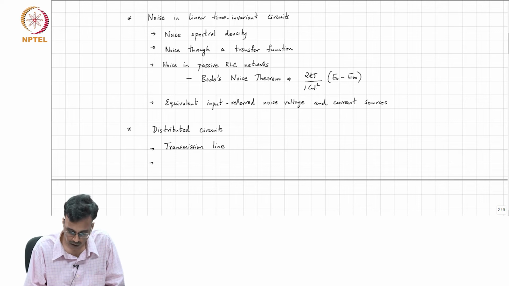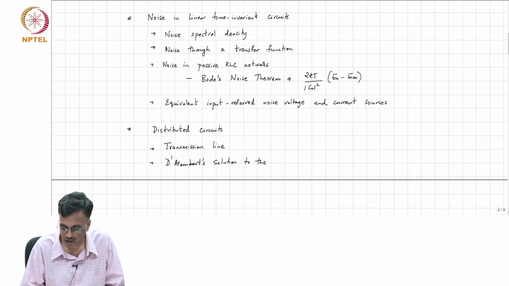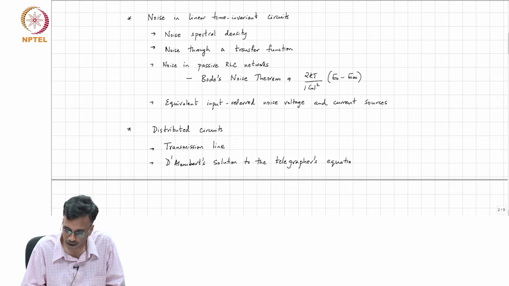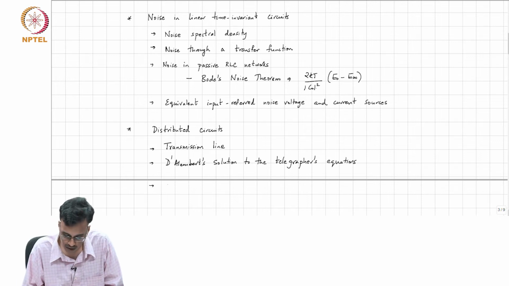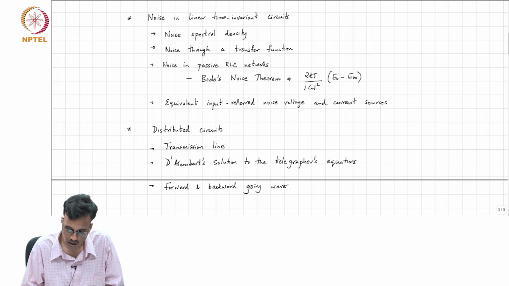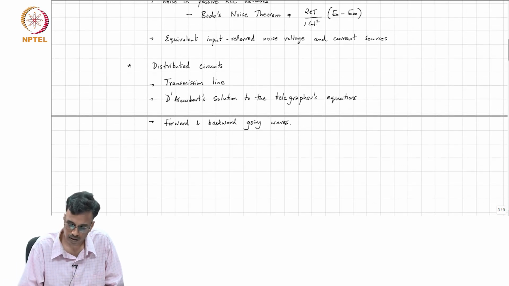So, we saw the Lambert solution to the wave equation, or in our case these are called the telegrapher's equations. The concept of forward and backward going waves, and reflections.